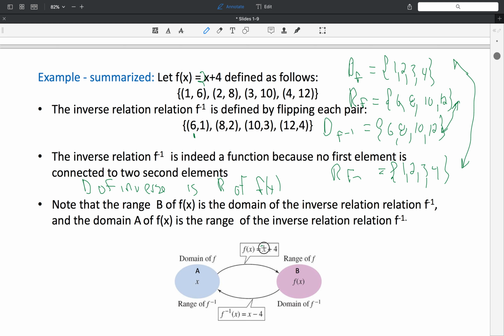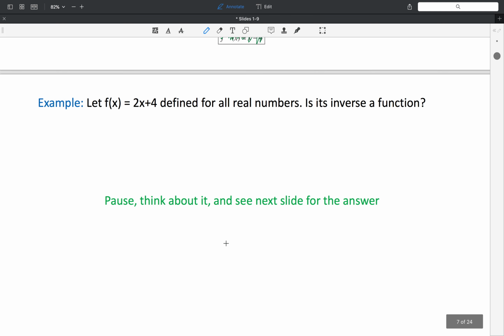This is 2x plus 4. All the way over here. We don't know what this is yet. Don't want to tell you. And so the range of f becomes the domain of f inverse. So we take this y value all the way back here to this x. So it undoes it. Okay.